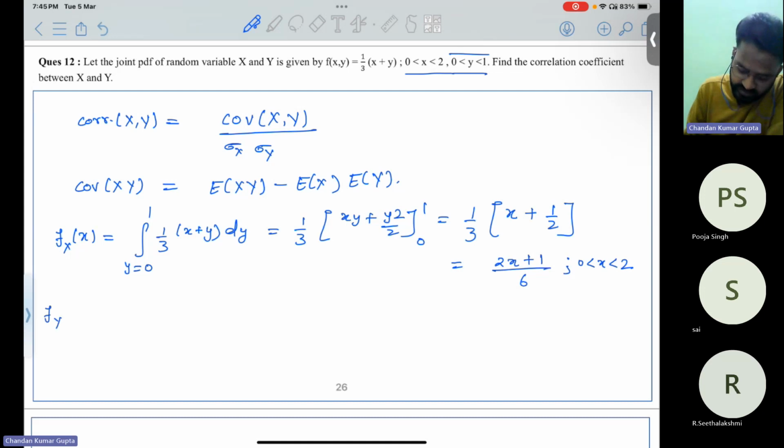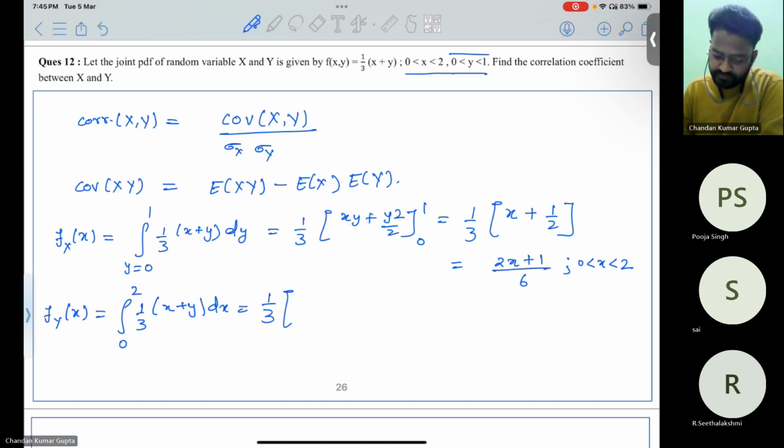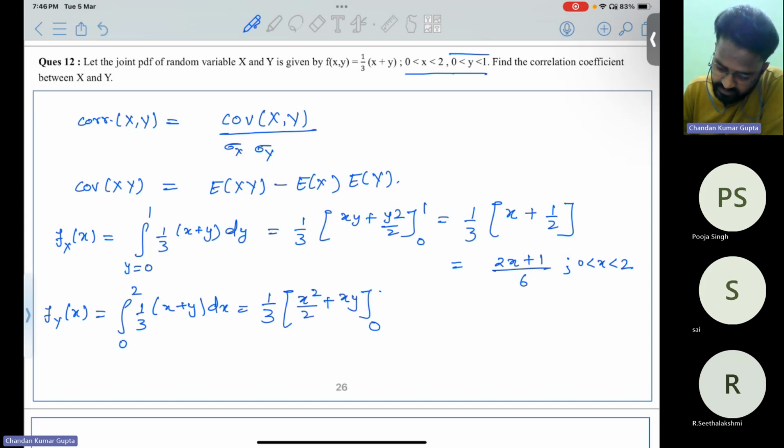In a similar manner, fy can also be calculated. From 0 to 2, 1 by 3 (x plus y) dx, which is equal to 1 by 3 times x square by 2 plus xy, from 0 to 2. Putting the value of 2, it comes out 2 plus 2y minus 0.